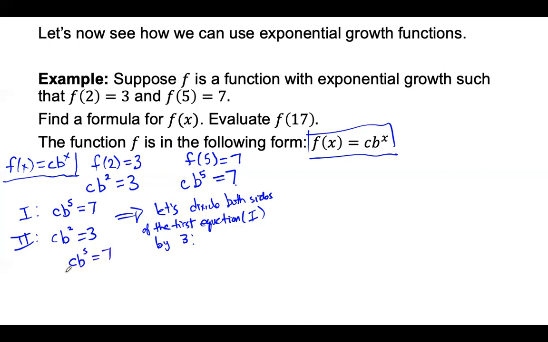I'm going to divide both sides by 3. And then you see that 3 by part 2 here is equal to c b squared, so we can just substitute that in. You can do it different ways. You could divide both sides by c b squared.